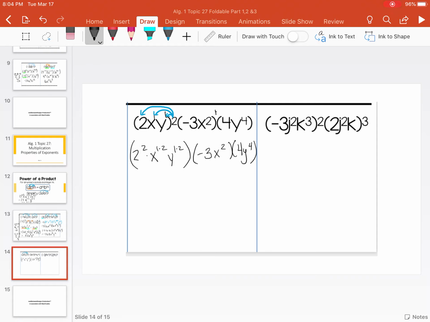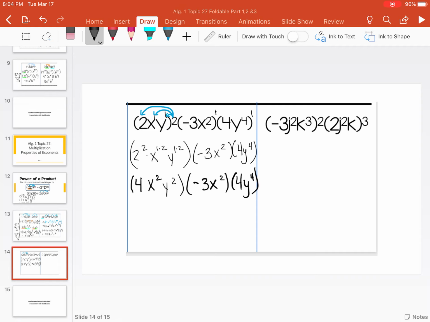Technically, we could write there's like a 1 here. It's not going to do anything. Okay. 2 squared is going to be 4. X to the 1 times 2 is x squared. Y to the 1 times 2 is y squared. And then we're going to have our negative 3x squared times 4y to the 4th.